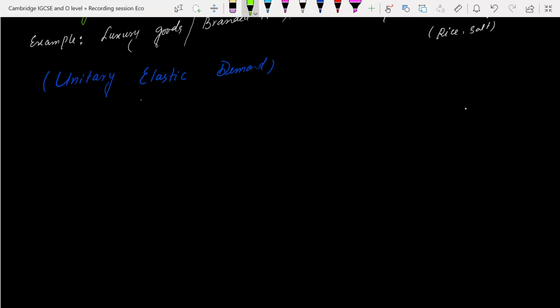When we calculate our PED, if it is equal to 1, we call it unitary elastic demand. And it happens when there is an equal change in quantity demanded as well as in price.